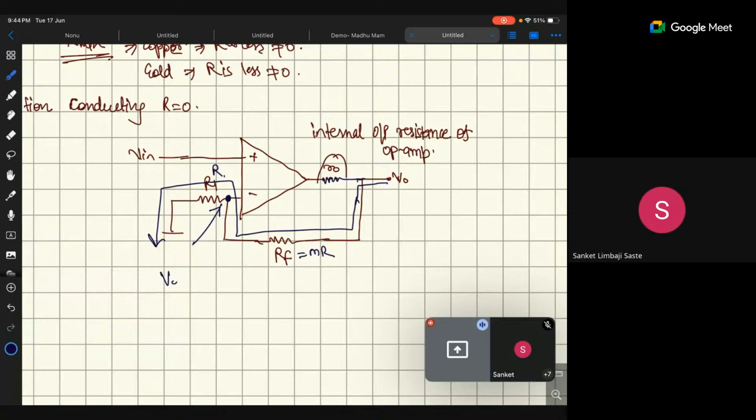So the overall current is V naught upon MR plus R, that is V naught upon (M plus 1) times R. And if we have to take the voltage at this point Vx, what is Vx? Vx is V naught upon (M plus 1) times R, multiplied with R. So R and R will cancel out, and that is equal to V naught upon M plus 1.